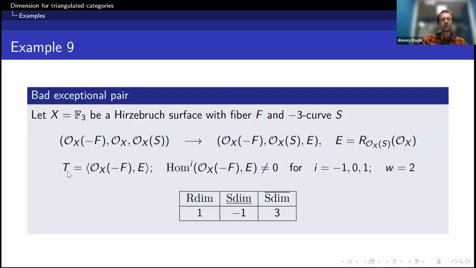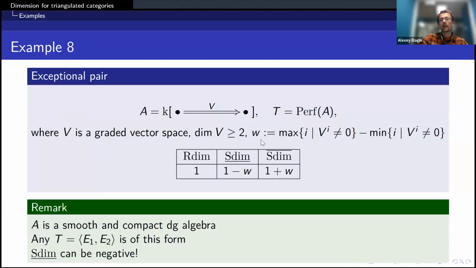Let me consider the category generated by this exceptional pair, and let me note that there are Hom groups between these two exceptional objects in three degrees, -1, 0, and 1. So this category T has the form studied there with W equal to 2. So the Serre dimension is -1 lower Serre dimension and +3 upper Serre dimension.